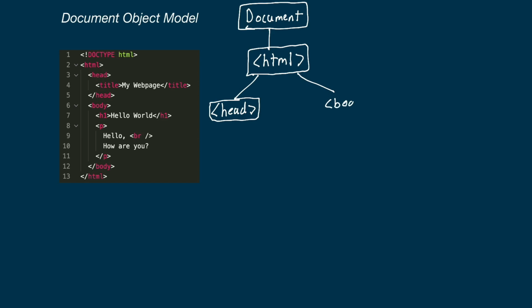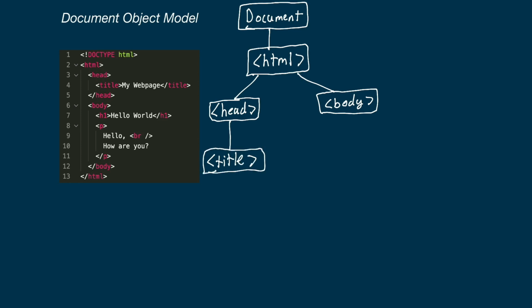This is because the body tag appears second in the code after the head tag, but both of them are direct children of the HTML tag. Now we can go ahead and look at the head, and inside of the head, we only have one tag, and that is the title. So the head will have one child node, and that child node will be the title tag.